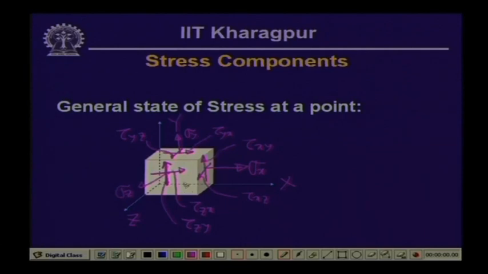Likewise, the other three faces which are hidden from this side also have three components of stresses: sigma, and in two planes we will have tau. Now, this particular plane, the normal to which is acting in the negative x direction, will have the stress sigma x acting in this direction.